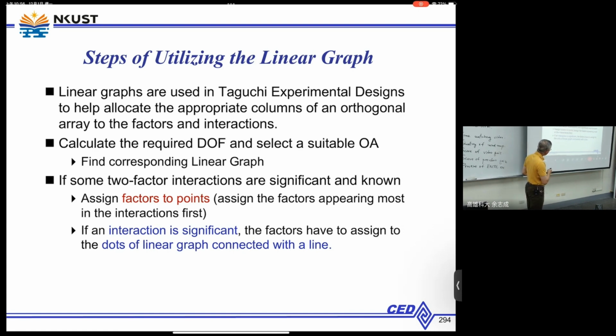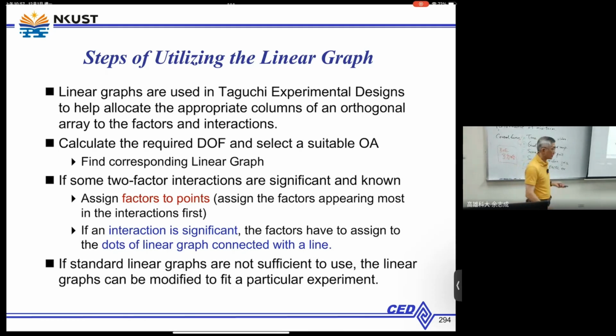If AB interaction is important, you need to find a linear graph with A in one dot, B in another dot, and a line connecting these 2 dots. If the standard linear graphs are not enough, we can modify the linear graph.